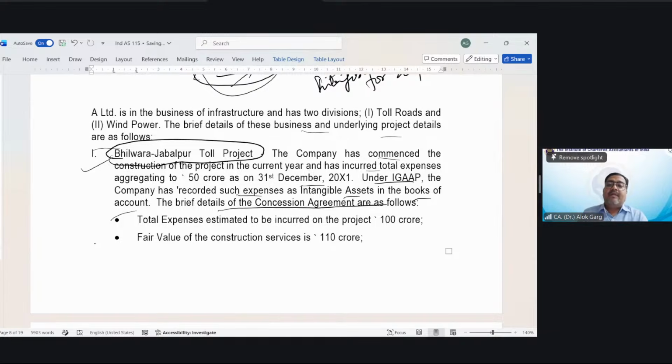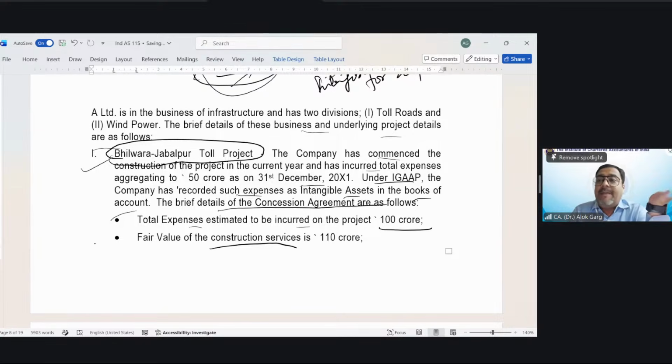Okay, friends. The brief detail of the concession agreement are as follows. Total expenses estimated to be incurred on the project is 100 crores. So 50 crore already spent, 50 crore has to be spent more. The fair value of the construction services: if the government had invited somebody else and paid for the construction services, it would have cost 110 crores.